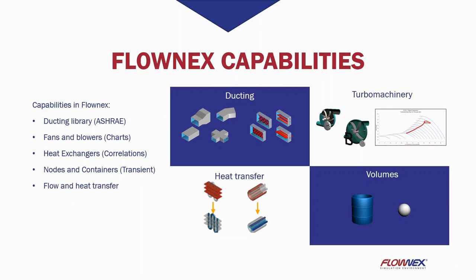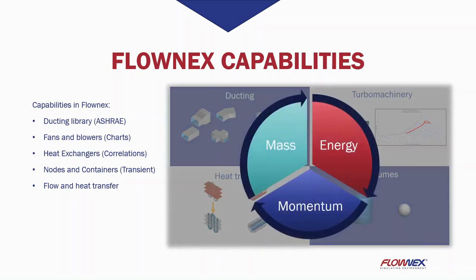Different types of heat exchangers are also available, allowing the engineer to use built-in heat transfer correlations or custom-defined heat transfer correlations. Nodes and containers are further available to capture volumes in transient, and finally, Flownex solves the equations for mass, momentum, and energy conservation simultaneously.